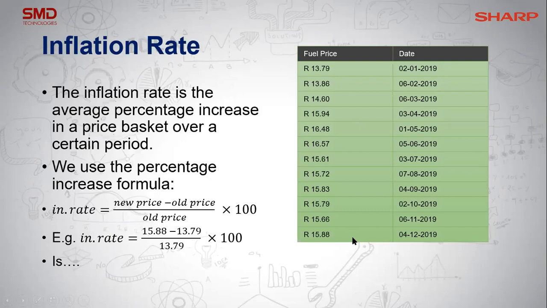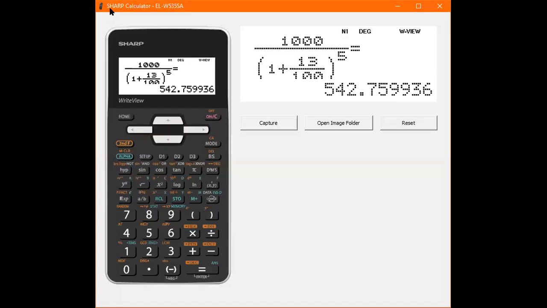So I've used the December fuel price versus the January fuel price. You can see it's quite a sizable difference. Oh, dear. You see, I was going to do it on the calculator. Let's see what this answer is. Right. I just want to move this so I can actually see my calculation.